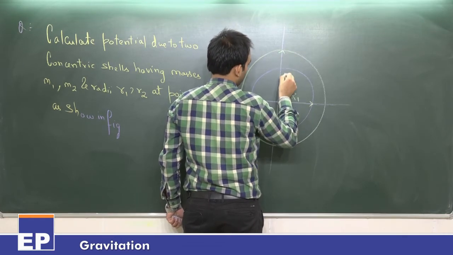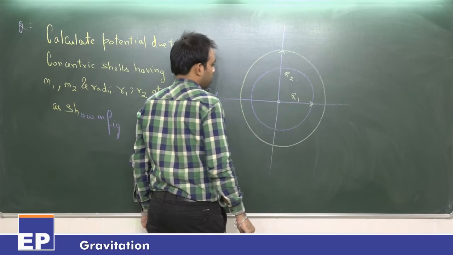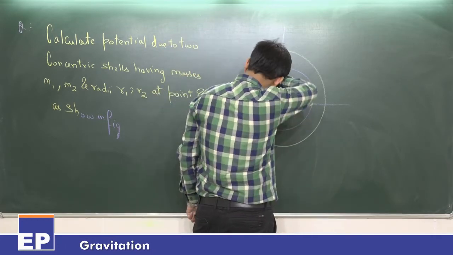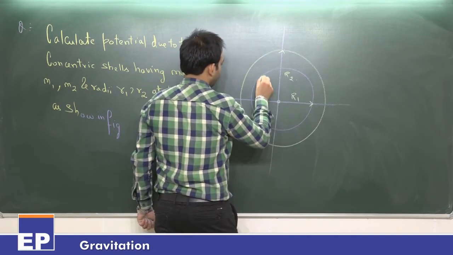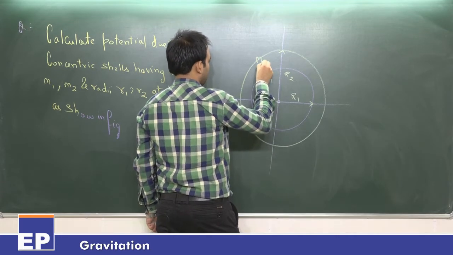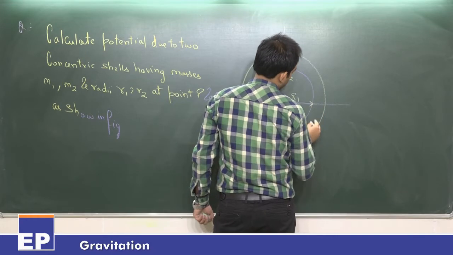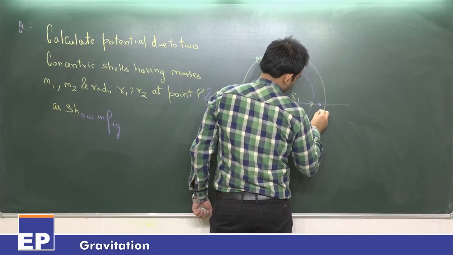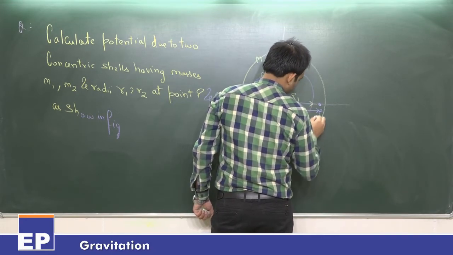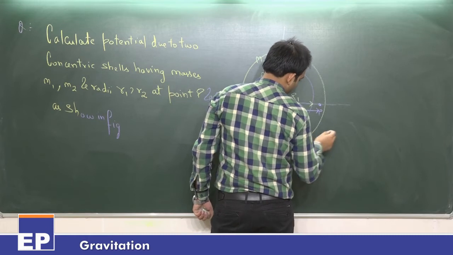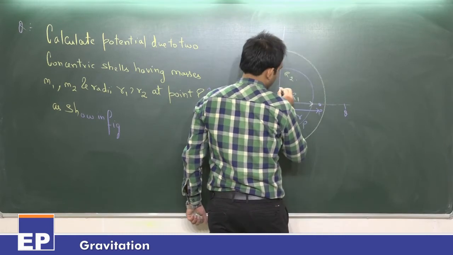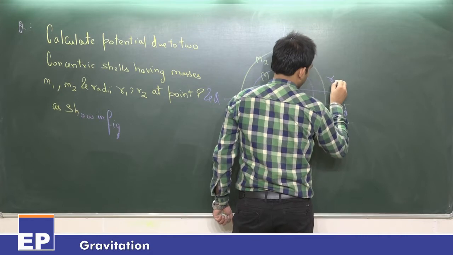The other radius is r2. Its mass is m1 and its mass is m2. The P point is this point, having radius rp. Q point is this point, having radius rq.